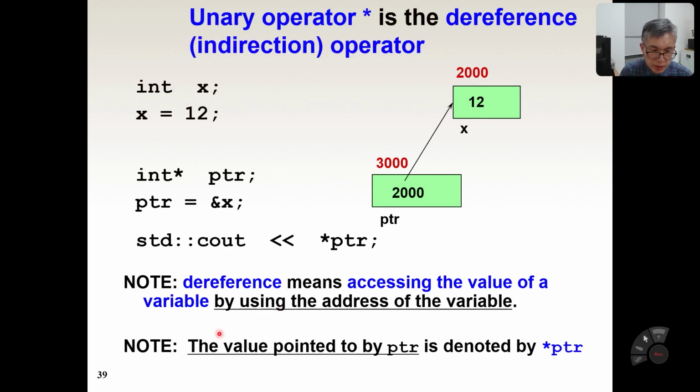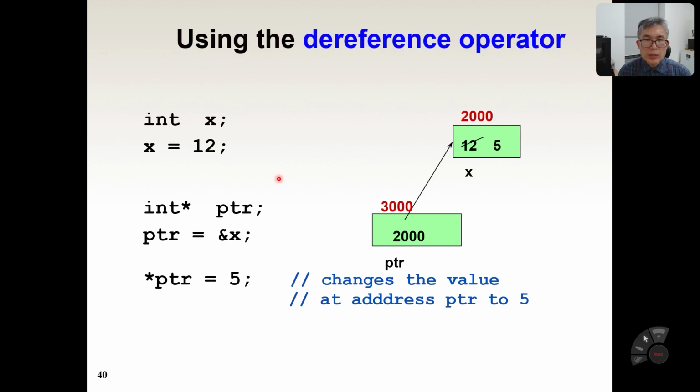Note the value pointed to by ptr is denoted by asterisk ptr, using the dereference operator star. We declare variable x and initialize it with the value 12.